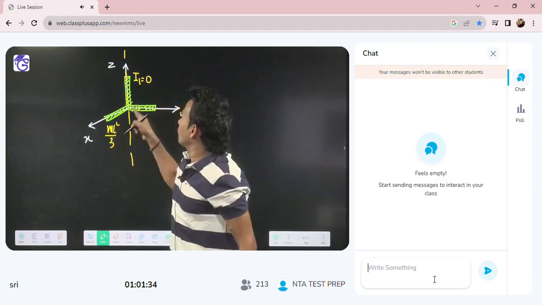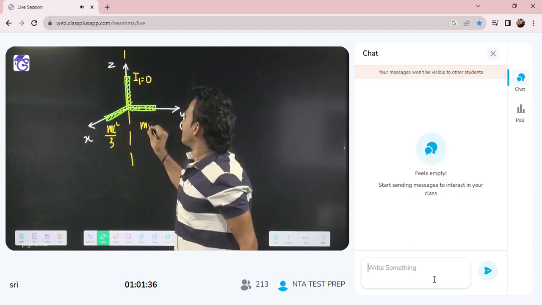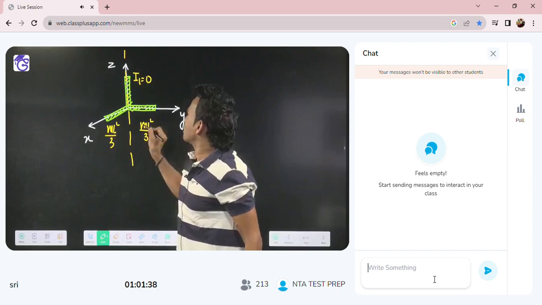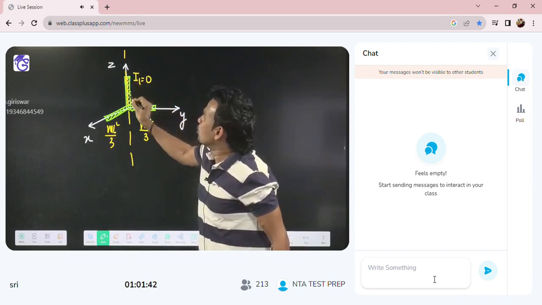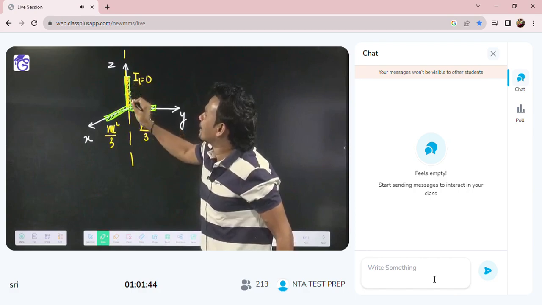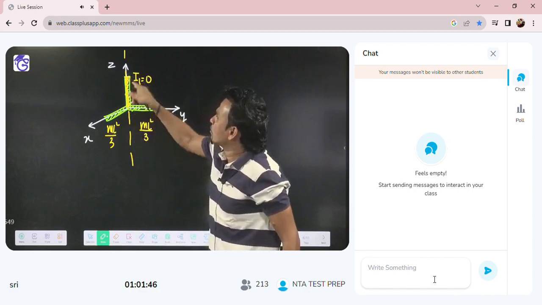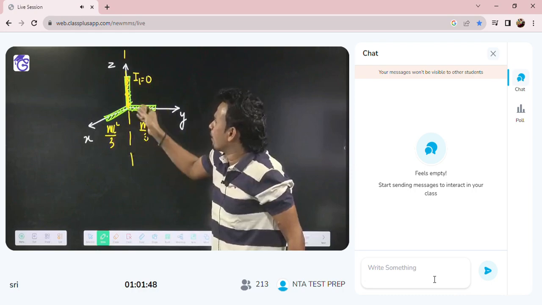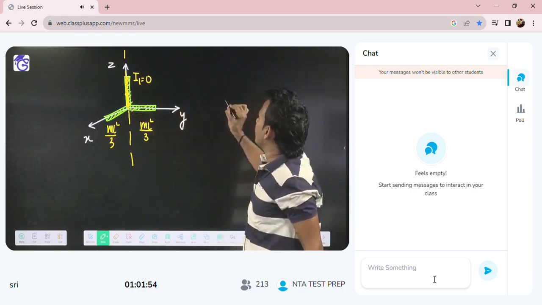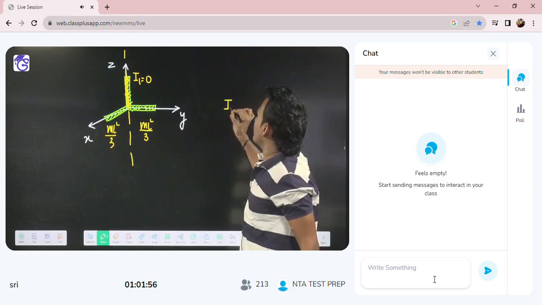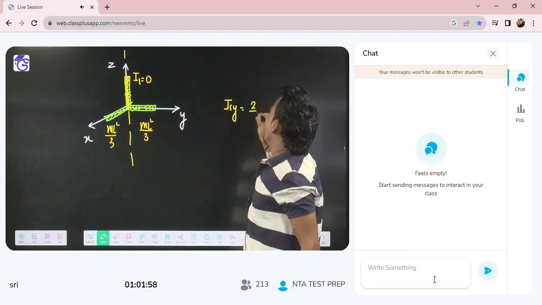For this rod also the axis is at the end, so ml square by 3. You know when a particle is on the axis, the moment of inertia will be 0. So you can add the total moment of inertia. The system moment of inertia will become 2 by 3 ml square.